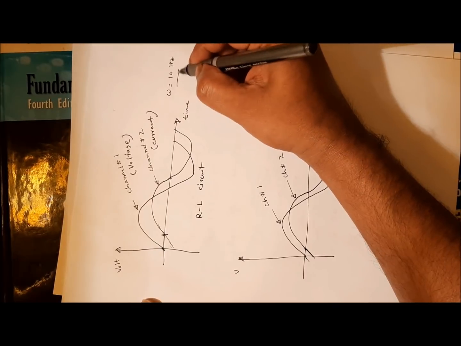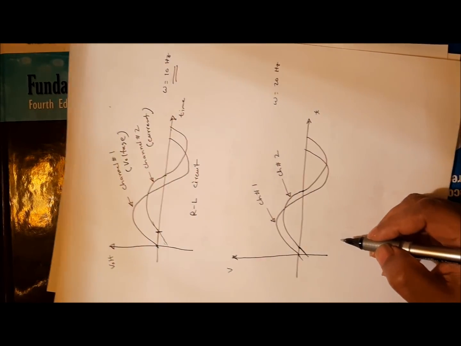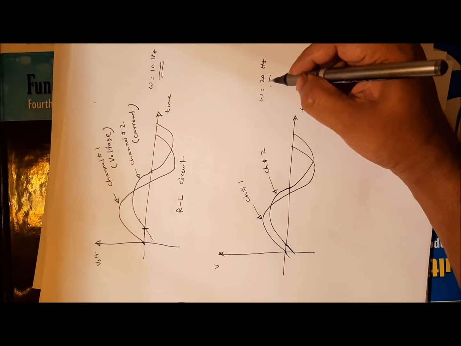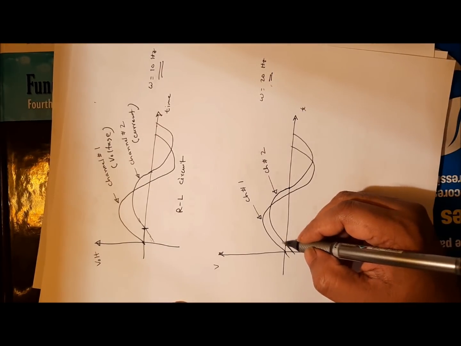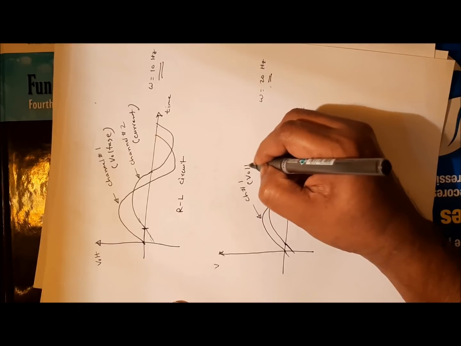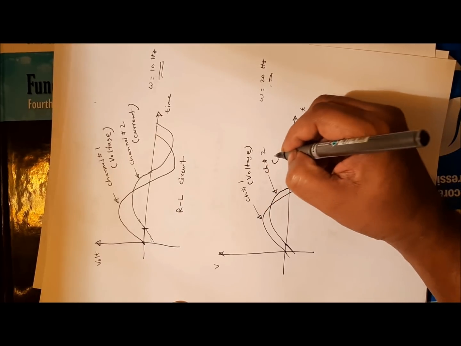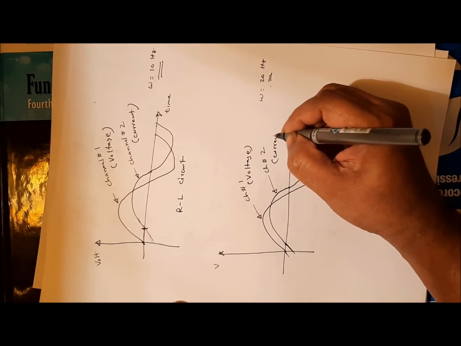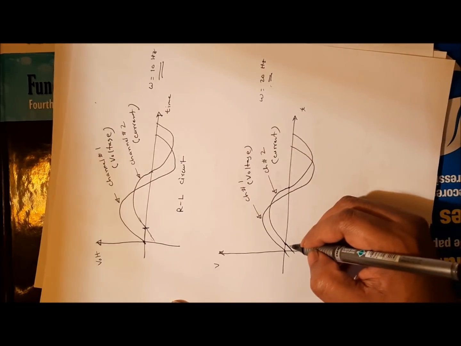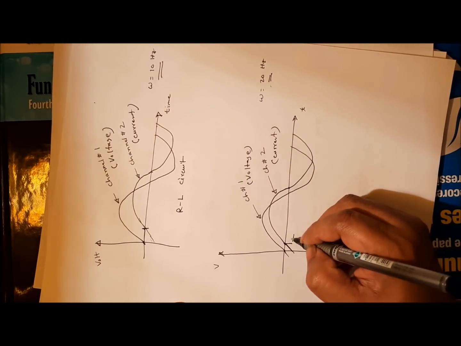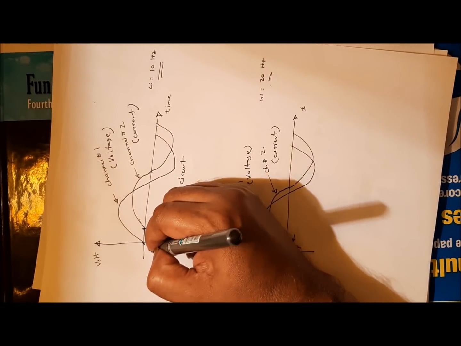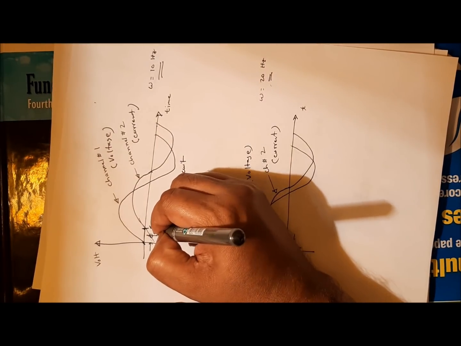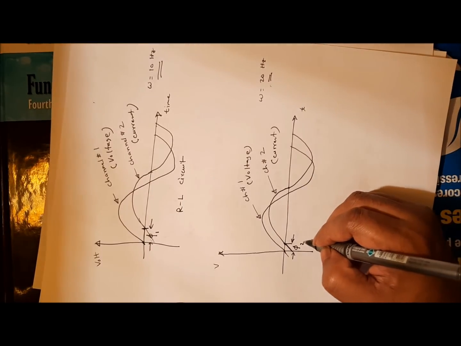And we got it for omega equal to 10 hertz. Now we got another wave for omega equal to 20 hertz. If you look at this, this is my voltage and this is current. From this current you see the phase angle is now smaller than this.